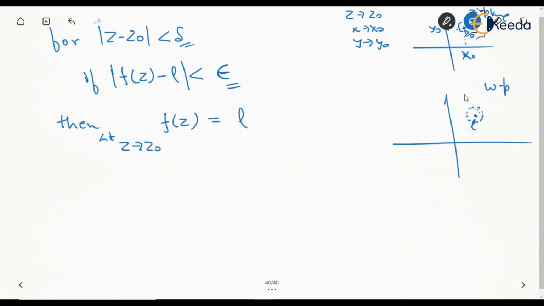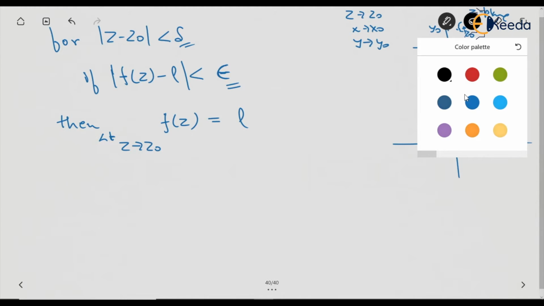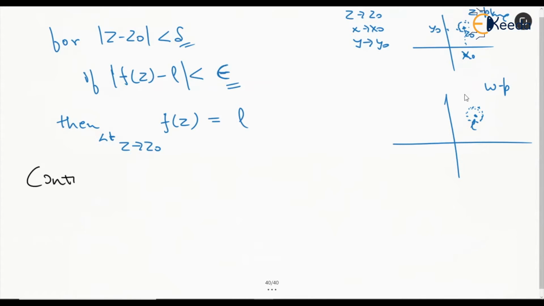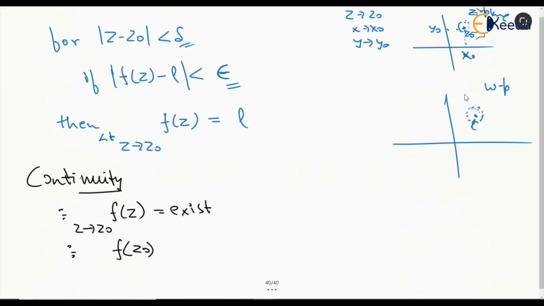How about continuity then? Continuity can also be found by the conditions like: the limit of f of z for z tends to z naught should exist, f of z naught should also exist, and the limit of f of z for z tends to z naught should be equal to f of z naught, right?